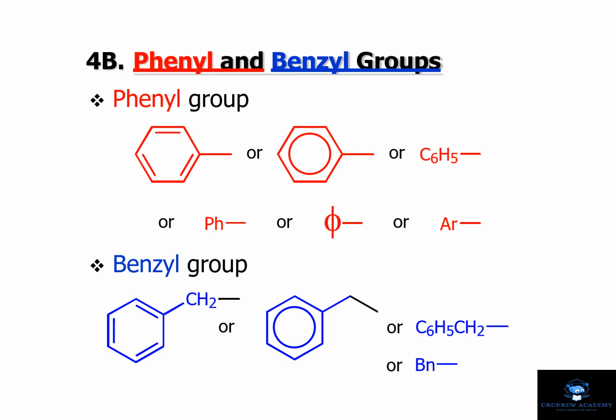The benzyl group is a benzene ring attached via a CH2 group, that's C6H5CH2, abbreviated Bn. The distinction matters. Phenyl has the ring directly bonded. Benzyl has a methylene spacer. So you see both frequently when dealing with aromatic compounds.